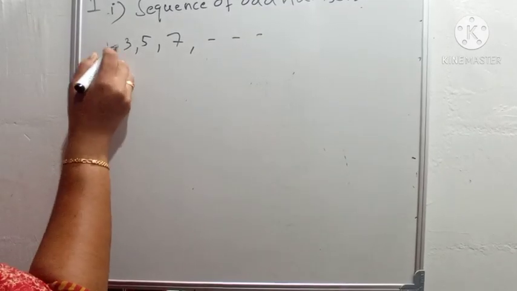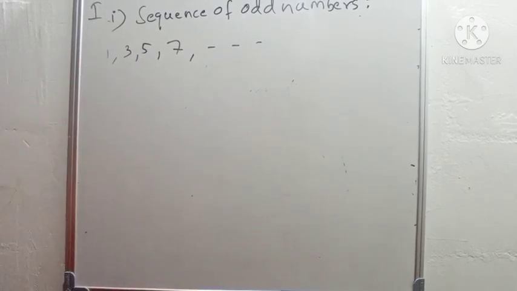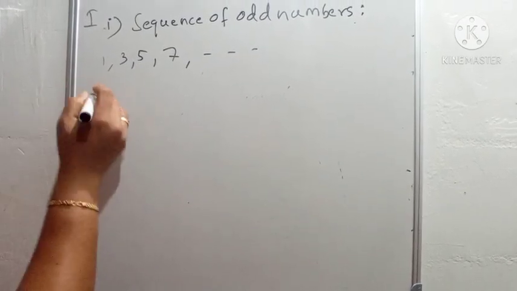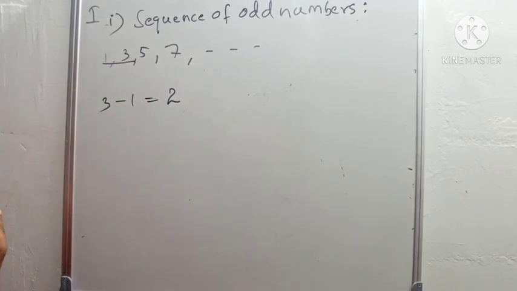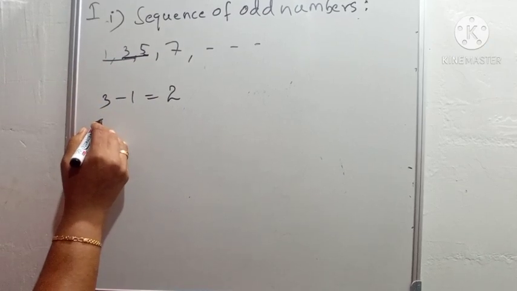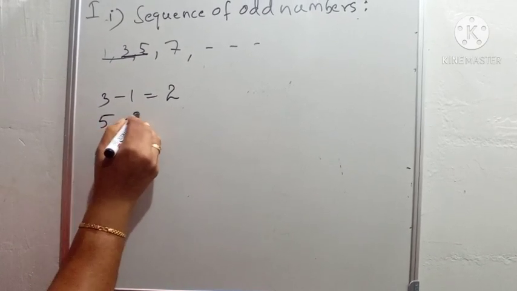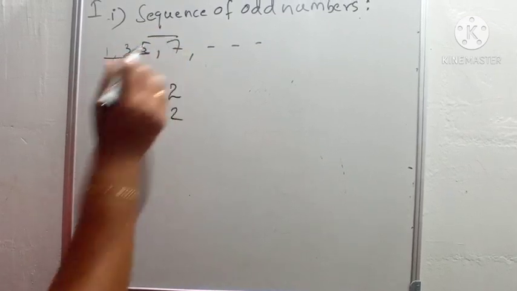And see, what is the difference between two consecutive terms of the sequence? See, first two terms 3 and 1. What is 3 minus 1? 3 minus 1 is equal to 2. And what about the difference between the terms 5 and 3? That is 5 minus 3 is equal to 2. Then what about the two consecutive terms 5 and 7?